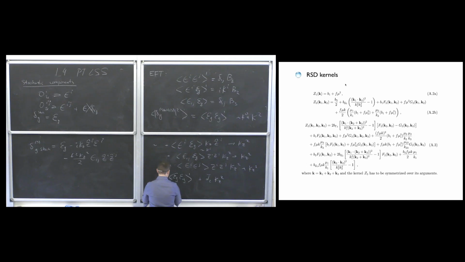Or in other words, now I can restore my dimensional parameters. I know that the galaxy stochasticity depends on 1 over n bar. So I have my usual Poisson stochasticity, k-square correction. And then on top of that, I will have the kz correction that I'm going to rewrite as k squared mu squared. And if you want, in principle, we can introduce k nonlinear squared here, such that coefficients alpha 1 and alpha 2 are dimensionless.